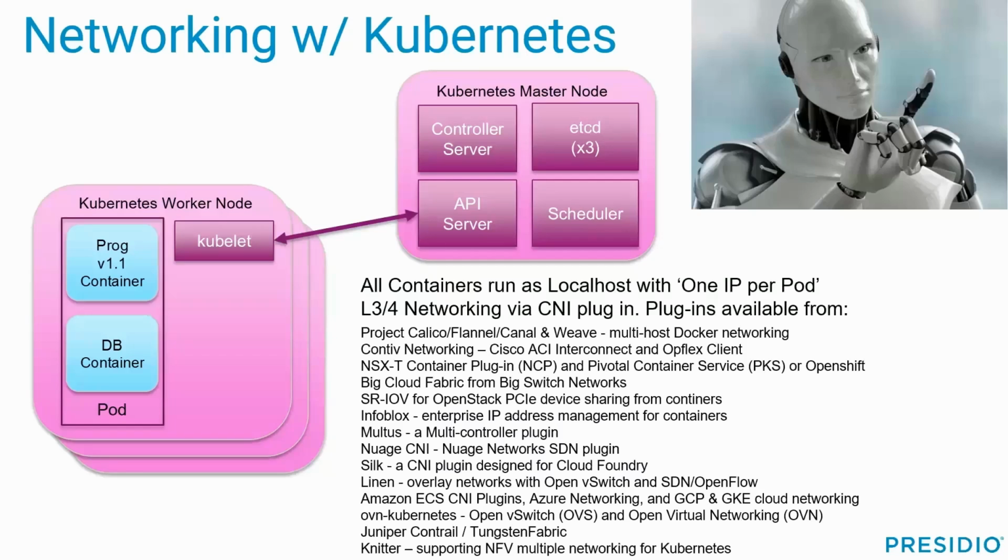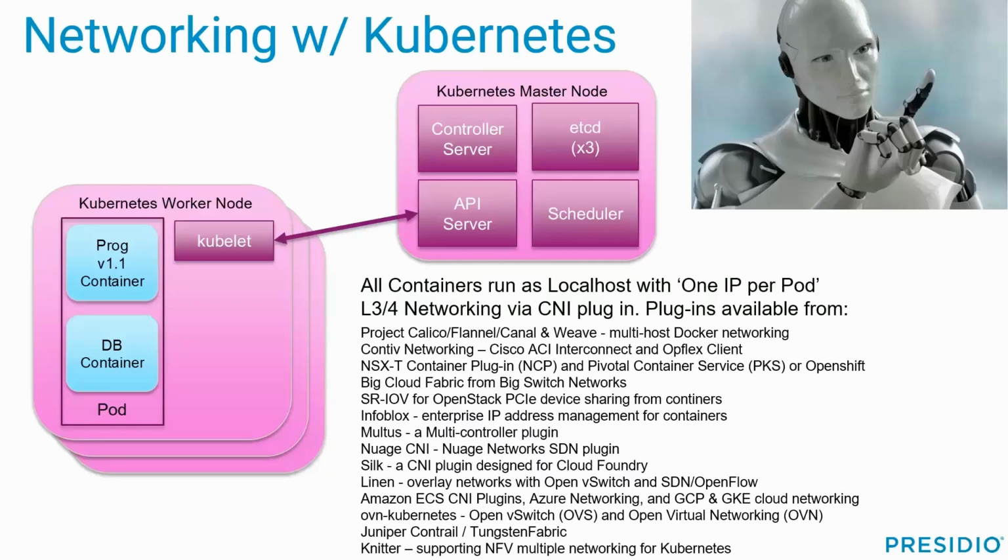The Big Cloud Fabric from Big Switch Networks. NSXT has a container plugin, right? Their Pivotal platform as a service model has their PKS plugin, right? OpenShift does from Red Hat. Infoblox has, everybody's writing to this because now you can cross-connect between containers.